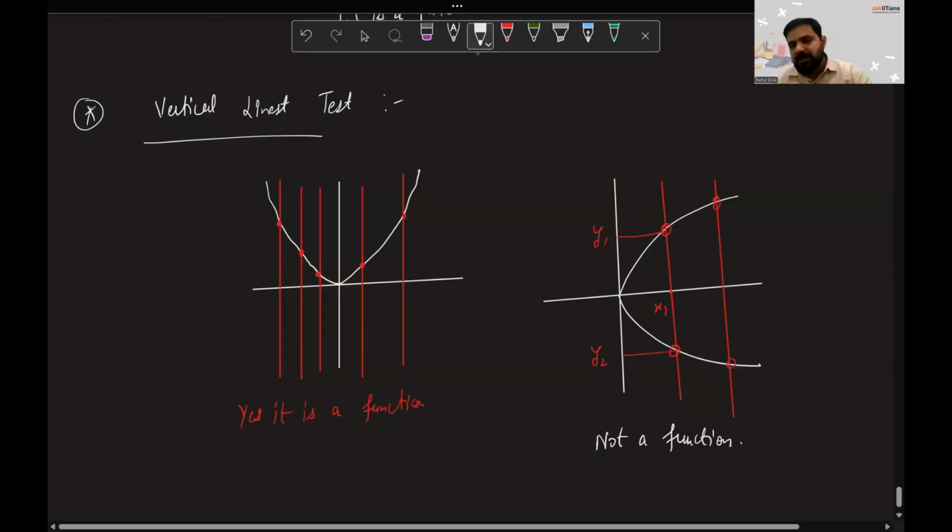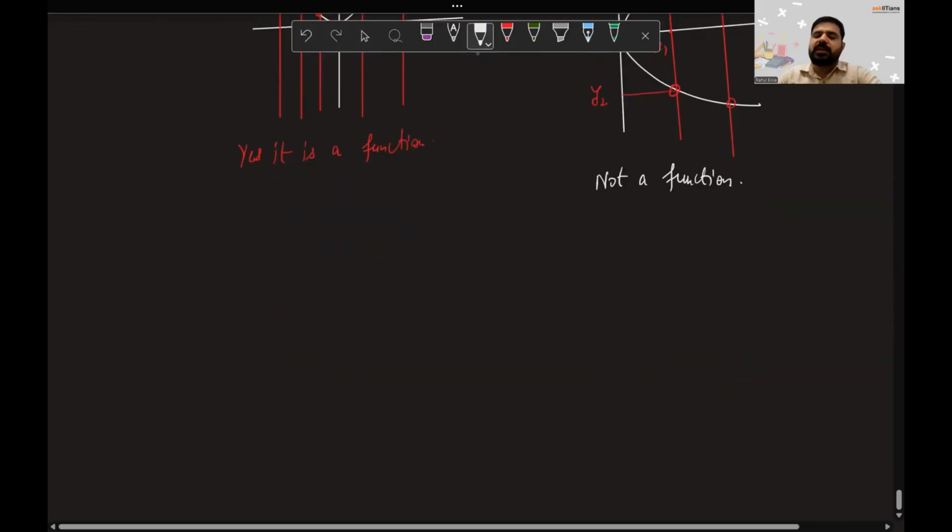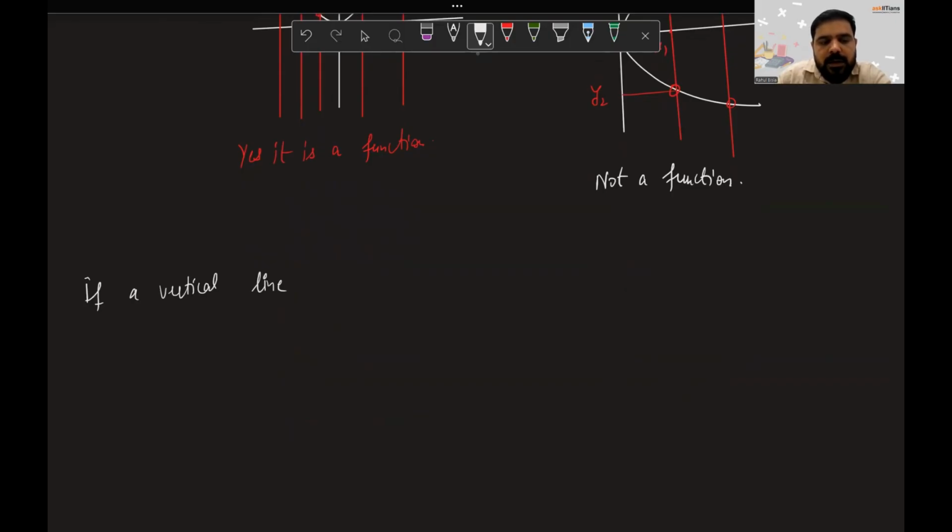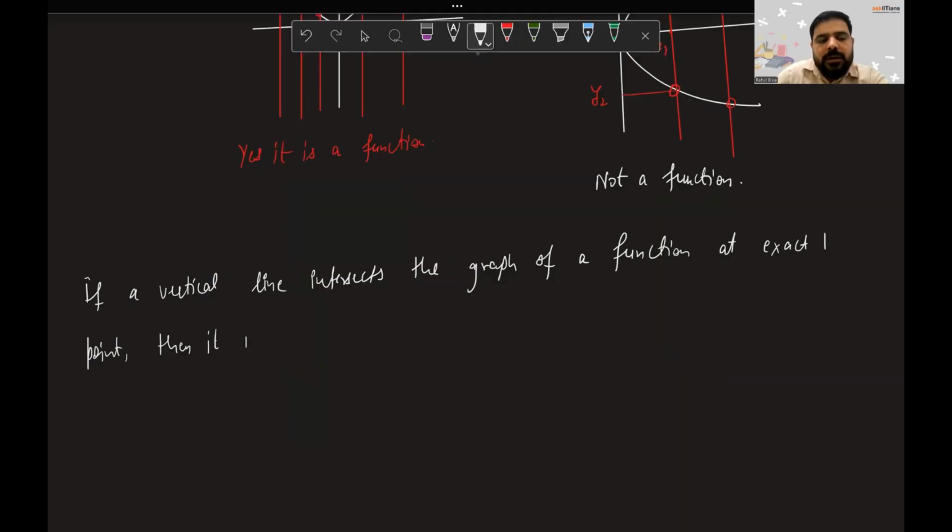So I hope this is clear to us. We'll write this in statement form. If a vertical line intersects the graph of a function at exactly one point, then it is a function.